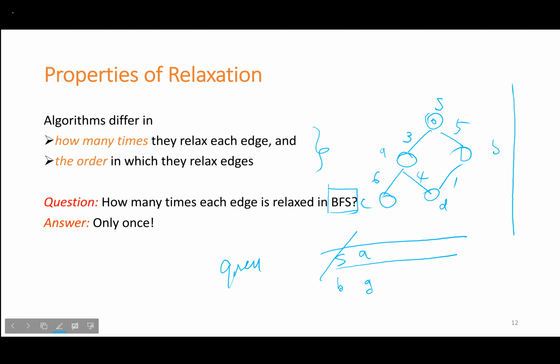S is black color, and A is gray color so far, and then after that you have B in Q. B is also gray color, and then you have C in Q. C is also gray color now, and then you have D in Q. D is also gray color. So this is the color of S, A, B, C, D.